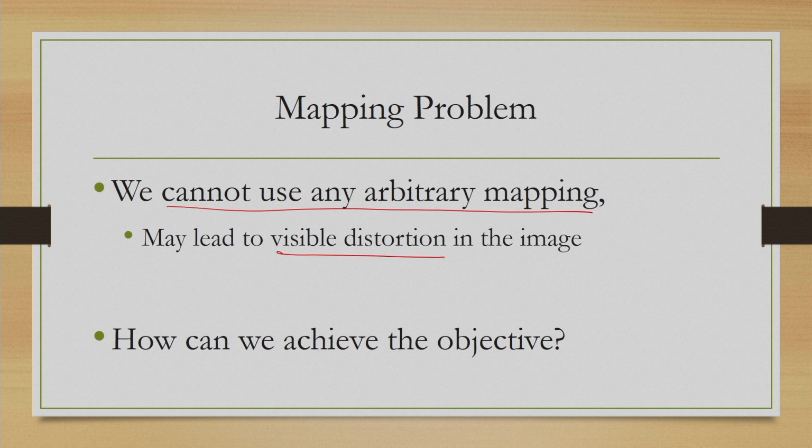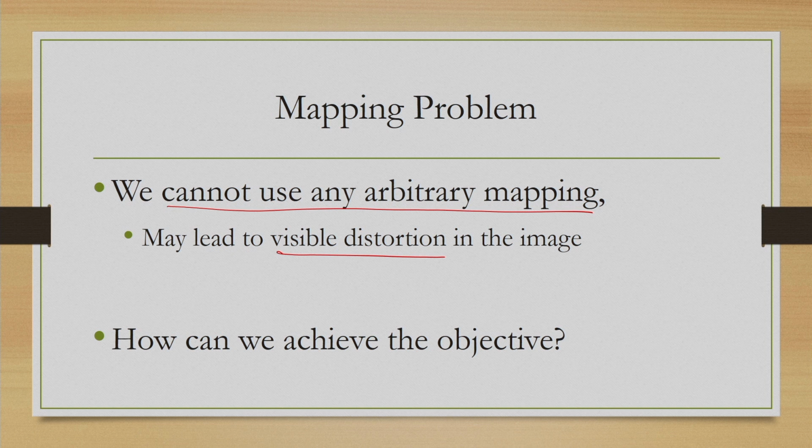Our perception is a very sensitive and complex thing. If we arbitrarily decide the mapping, then we may perceive images in a different way than what ideally should have been the case. So, distortion avoidance is another objective of our mapping. We need to map in a way such that this distortion is not there.